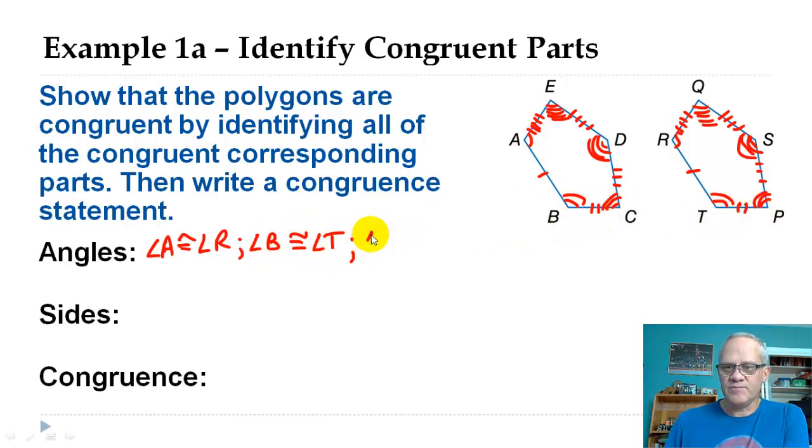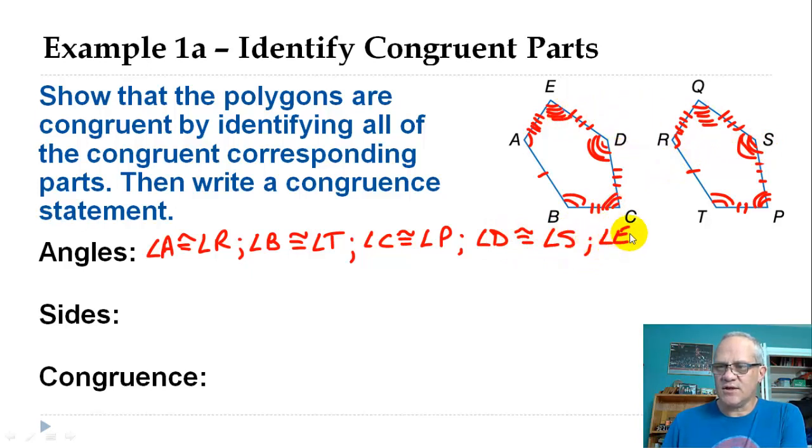C and P. Angle C is congruent to angle P. The fourth one would be what? D and S. So angle D is congruent to angle S. And then the fifth one would be E and Q. And so angle E is congruent to angle Q. Okay, so we've listed out all the angles that are congruent.